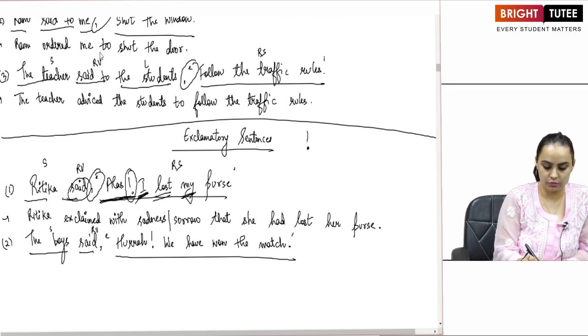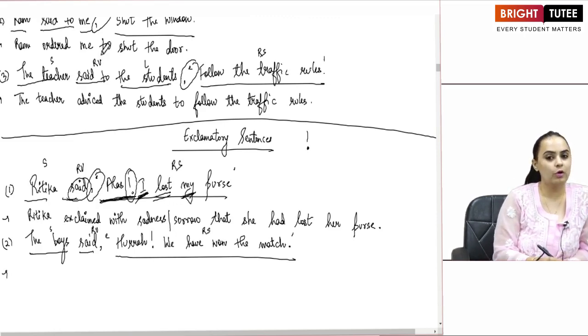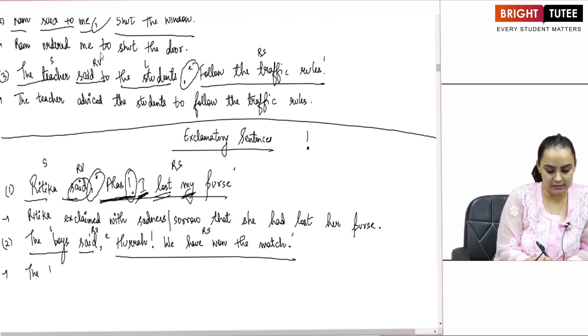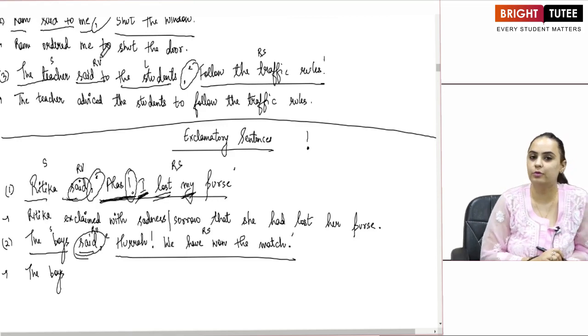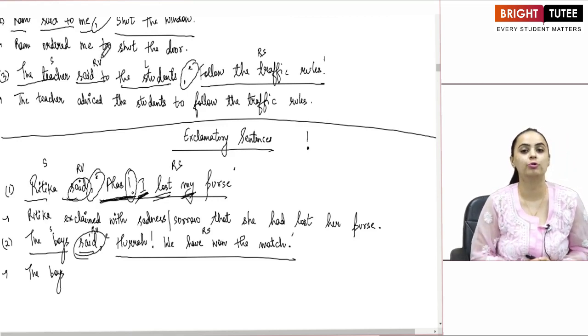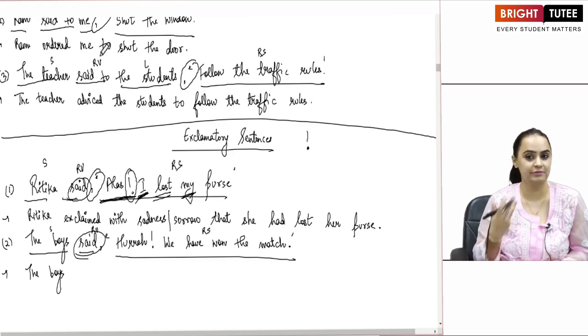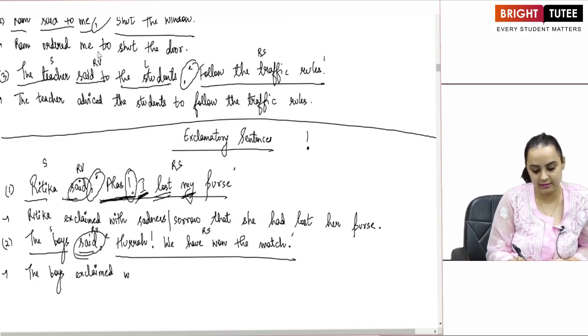Speaker, reporting verb, reporting speech. So the boys, my speaker remains the same. Said, how will my reporting verb change now? Hurrah, what am I expressing? Hurrah expresses my happiness. We have won the match. So the boys exclaimed with happiness.